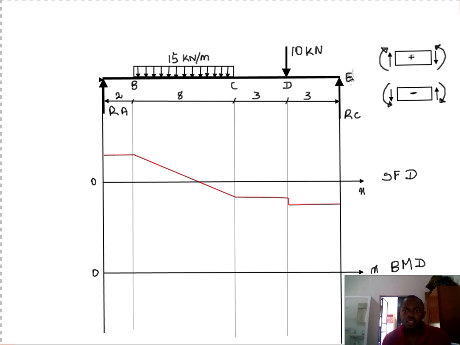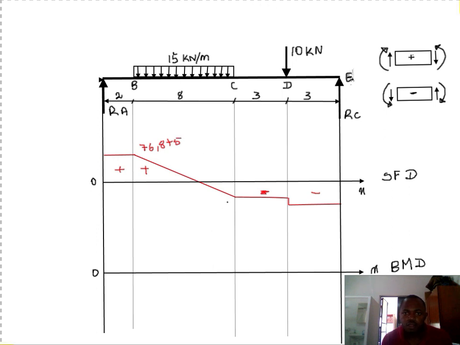And then here is minus, plus, and the value here is 76,875.